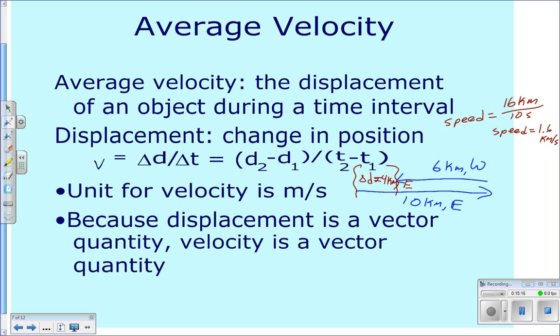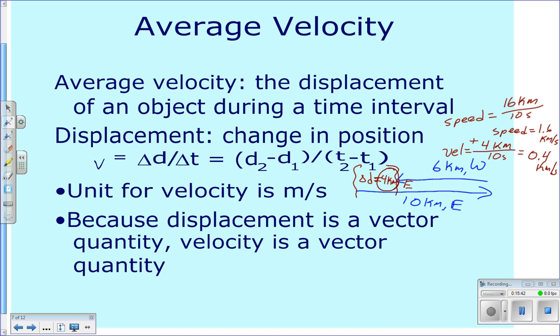But we'll go with it. We've come this far. Velocity, on the other hand, would be its change in position, which would only be the 4 kilometers to the east, which we could also call positive 4 kilometers, but the same time interval. So its velocity would only be 0.4 kilometers per second.